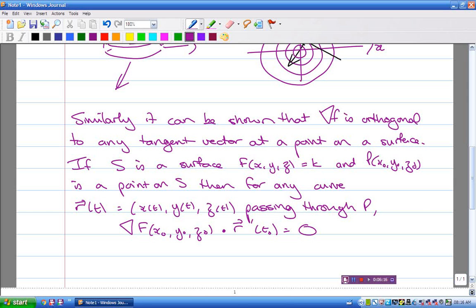But we're going to end up with the same sort of geometric property of the gradient vector being orthogonal to any curve that happens to pass through the point.